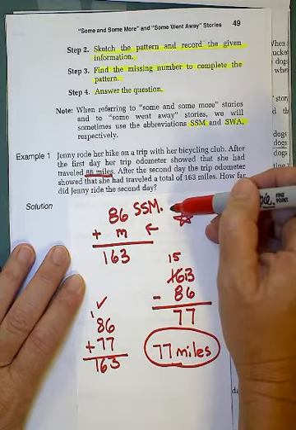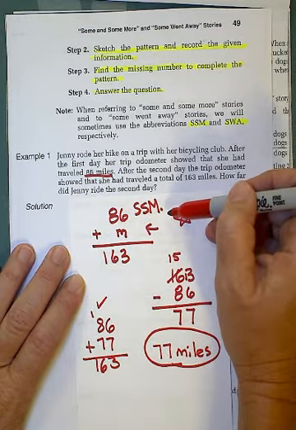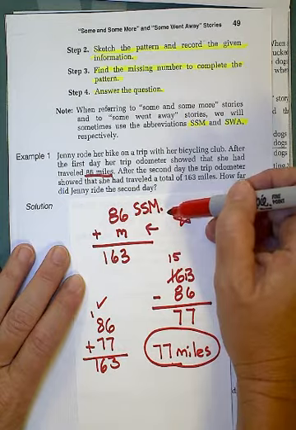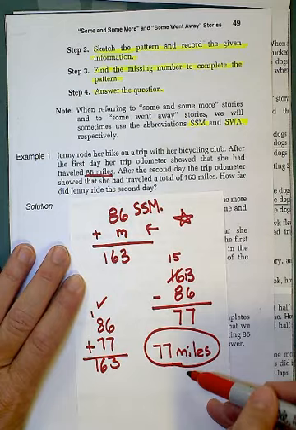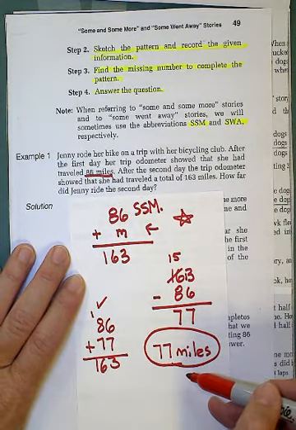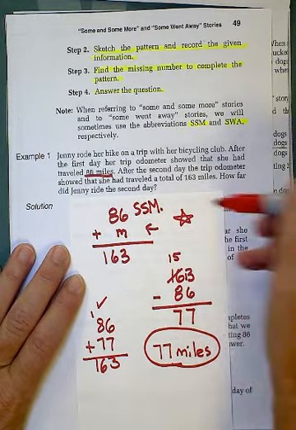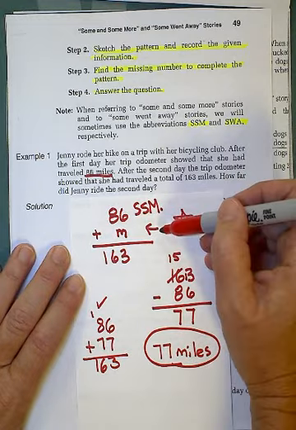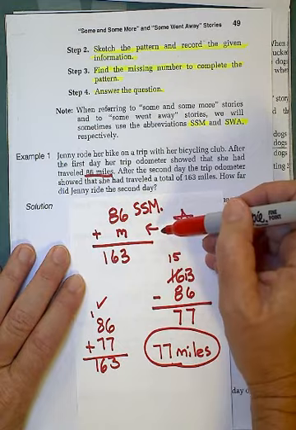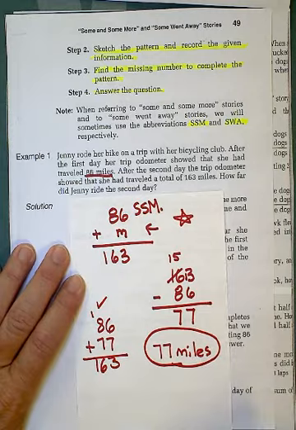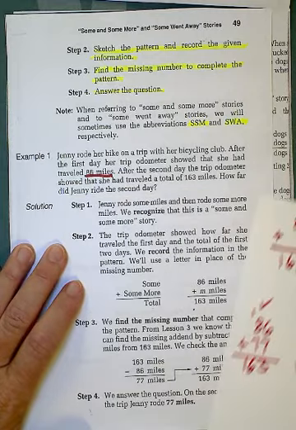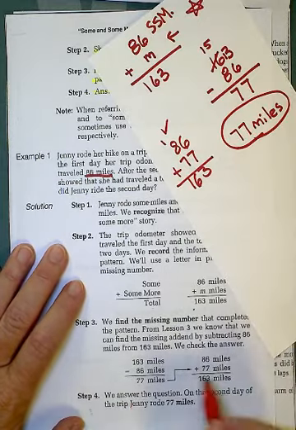I will want to know that you can write step 2, then do step 3, then finally find your answer. I know it seems like a lot of extra writing, but it is very important mathematically that you are able to read a story problem, understand what's happening, and write an equation that matches it. All right, let's check our work quickly, and yes, we came up with the same answer.